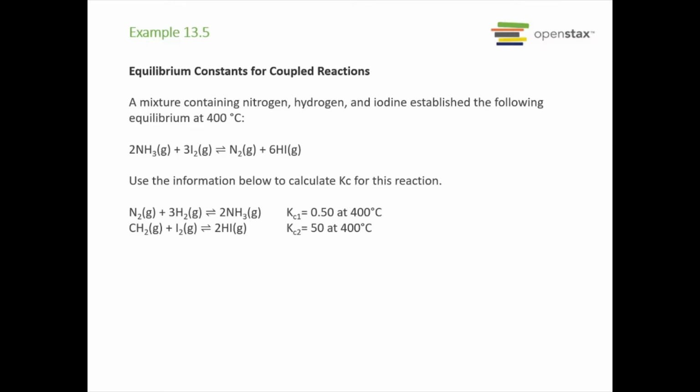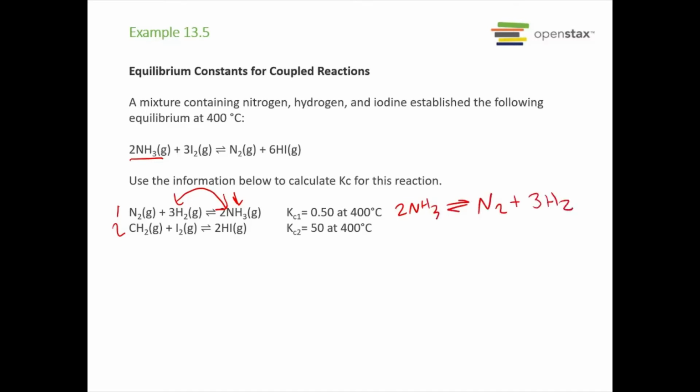So if we look at this, we see that we need ammonia as a reactant. And from these two reactions, we see where ammonia is in reaction 1, and it's on the product side. So we need to flip this reaction. So this needs to show as 2NH3 goes to N2 plus 3H2.